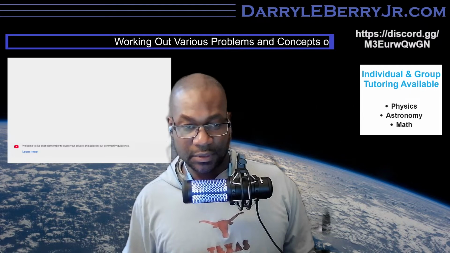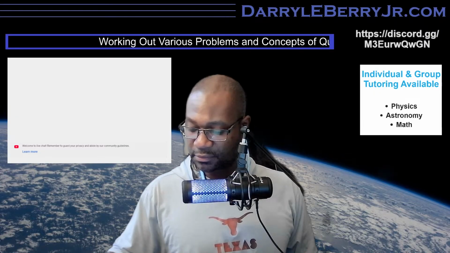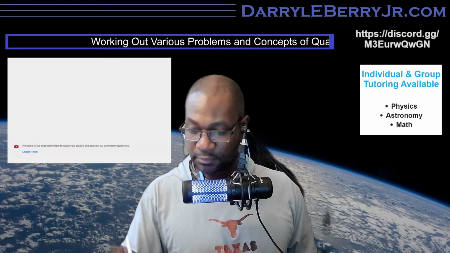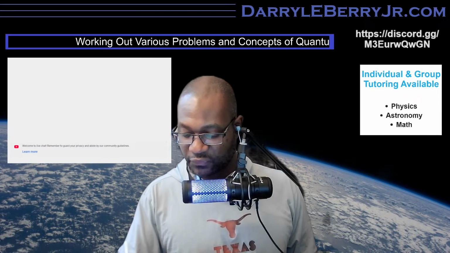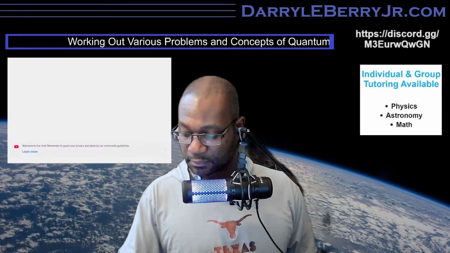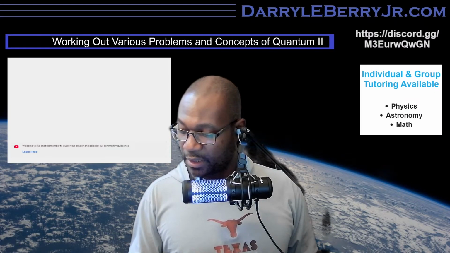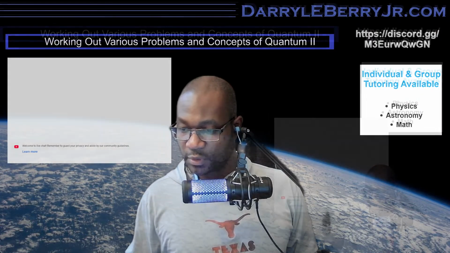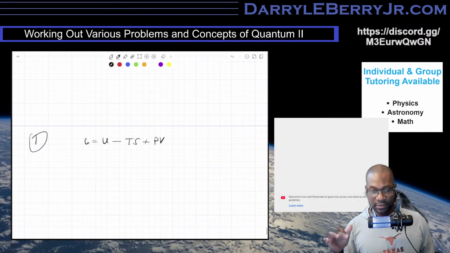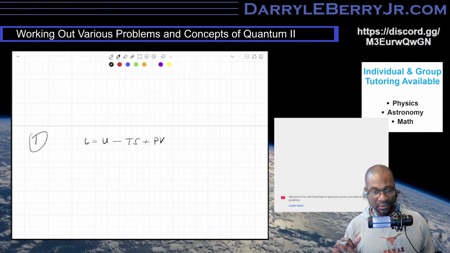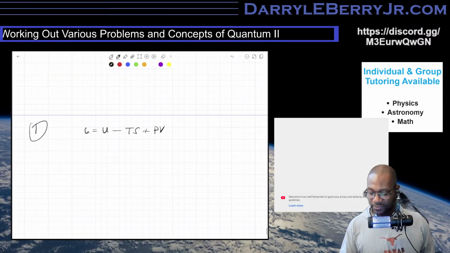The first one I have, this equation here given. This is the Gibbs free energy. And the first thing we need to do is take this Gibbs free energy and make a thermodynamic identity from it.